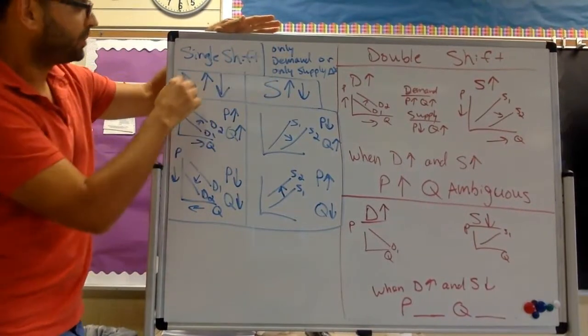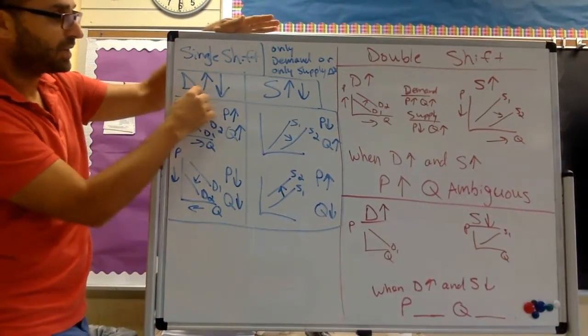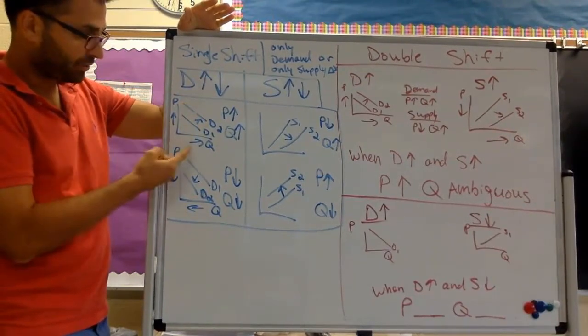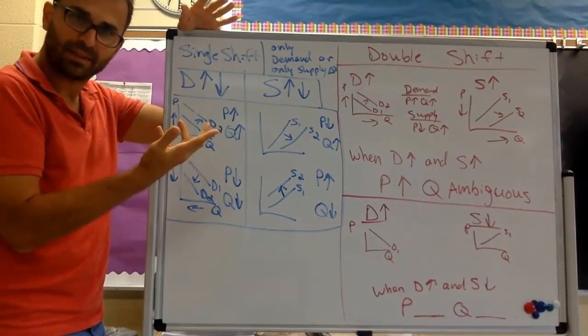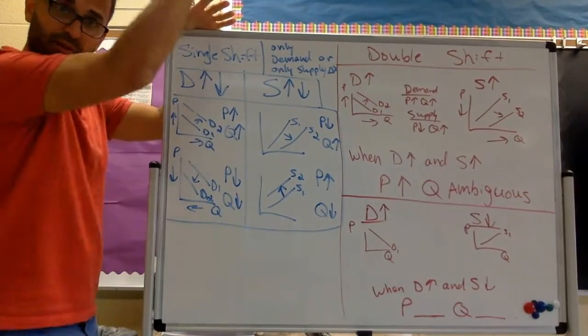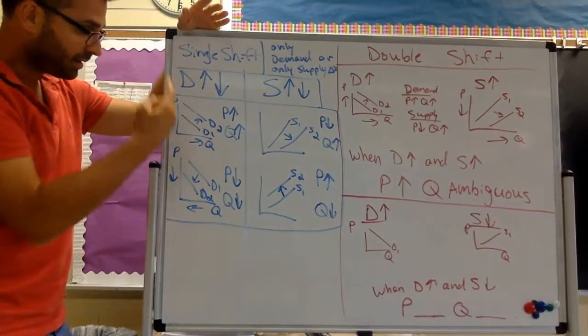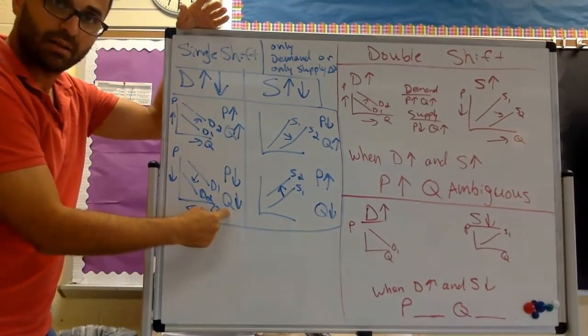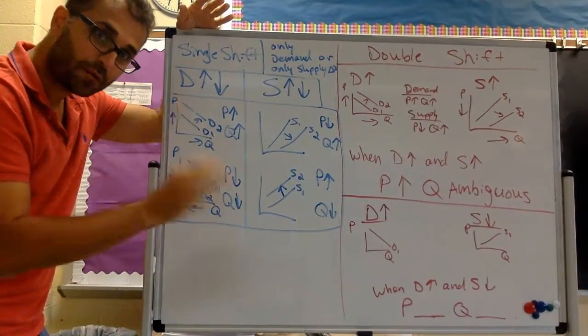Only demand or only supply changes. Let's say demand goes either up or down. If demand increases, price increases and quantity increases. Seems pretty easy, right? Demand shifts to the right and up, so price rises. When demand goes down, price goes down and quantity goes down.